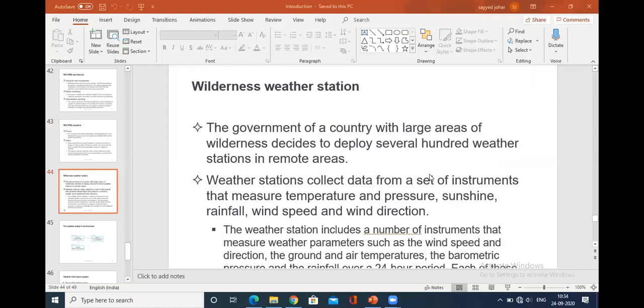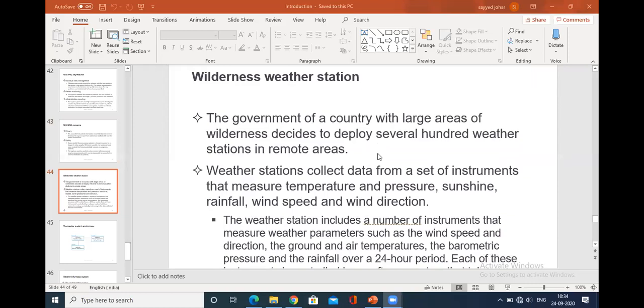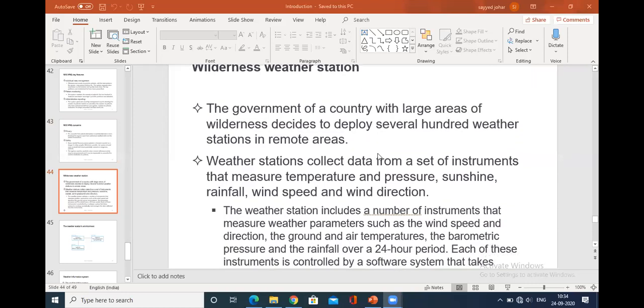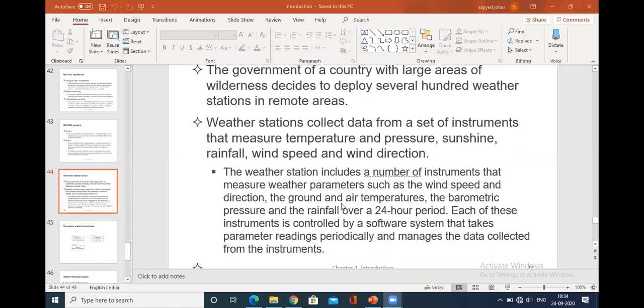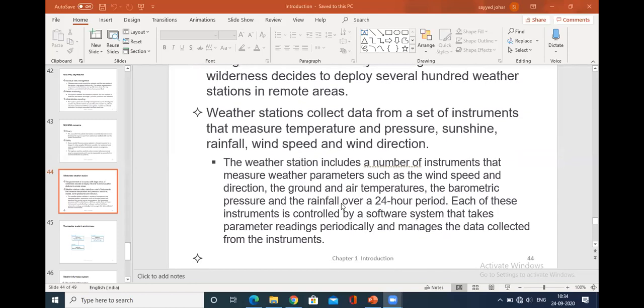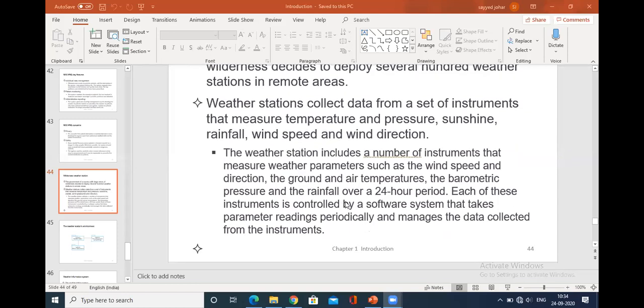So the name is Wilderness Weather Station. The theoretical part of the weather station you need to follow.